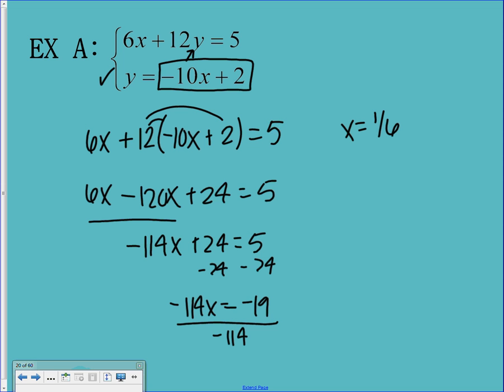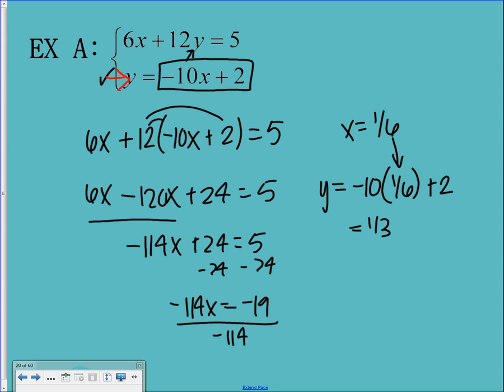Okay, so now I've got the x-coordinate, but just like we were talking about yesterday, these intersect at an ordered pair, which means I also need my y value. So step 4 is to substitute that back in, and I'm going to substitute it back into this second equation because I just had my y equals. So I'm going to say y equals negative 10, but instead of x, I now know that my x is 1/6, plus 2, meaning my y value is 1/3.